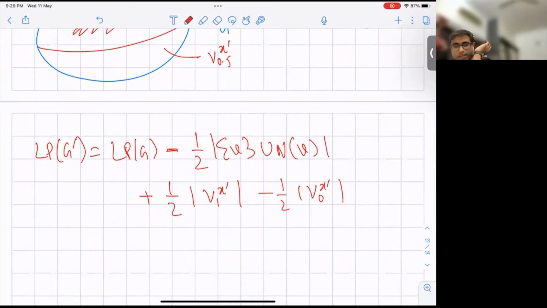So if I write LP of G prime in terms of LP of G, I took LP of G and deleted this set of vertices. Everybody was assigned half uniquely, so let's just delete the contribution of this. Everybody else remains the same. What are the other changes? There are some vertices which I assigned half, but the new LP solution has assigned 1. So all these are contributing at least plus half. But there are some vertices I assigned half, but the new LP solution has assigned 0. Let's remove their contribution. So this is LP of G prime. Is that fine with everybody?